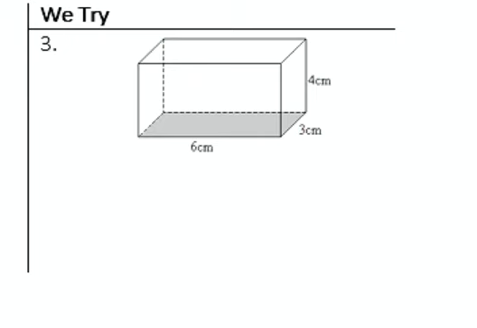So if we look at the first one, it says 6 centimeters, 3 centimeters, and 4 centimeters. So I'd say that 4 looks like my height, 3 looks like my width, and 6 looks like my length. Okay, so I have volume, there we go, equals length times width times height.